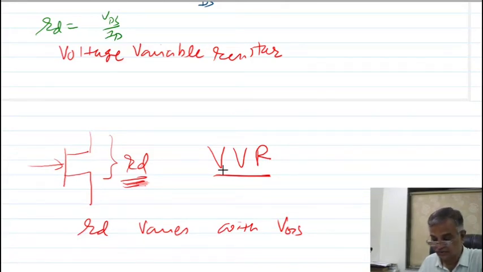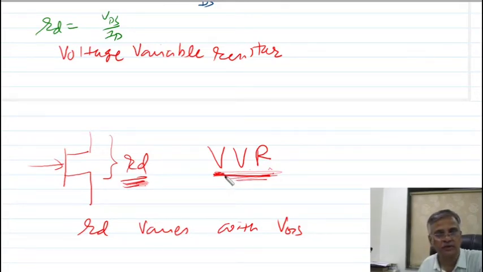So you can use such a property of the FET in different applications. You can use it as a voltage control attenuator. You can use it as an automatic gain control circuit. You can use such a property in a chopper DC amplifier. This means as you vary the gate voltage, the resistance offered by the FET changes.